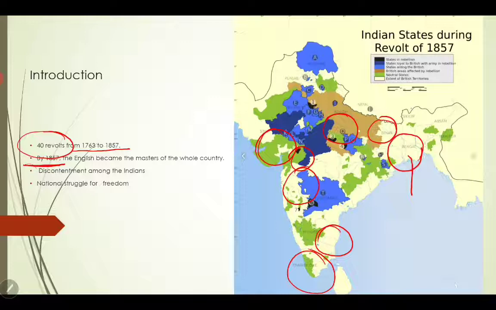And the rulers or the princely states which were not under the control of Britishers, they followed many policies to extend its empire.